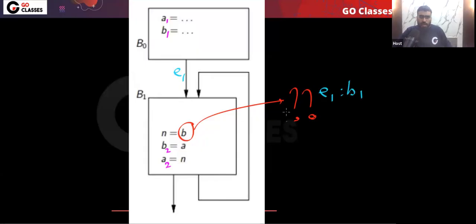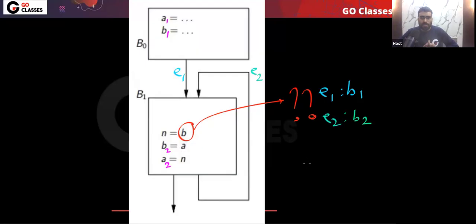But if I'm coming by E2, this is the E2 edge, means I'm coming like this, then this B value should be B2 or not?